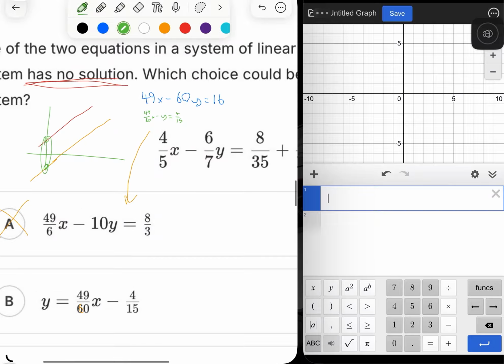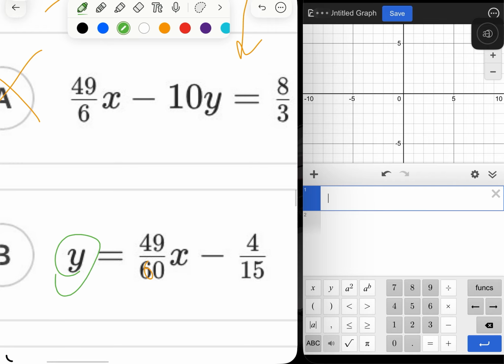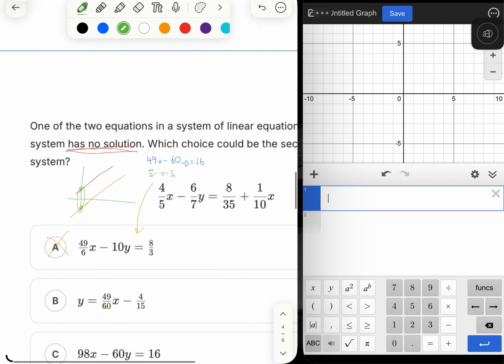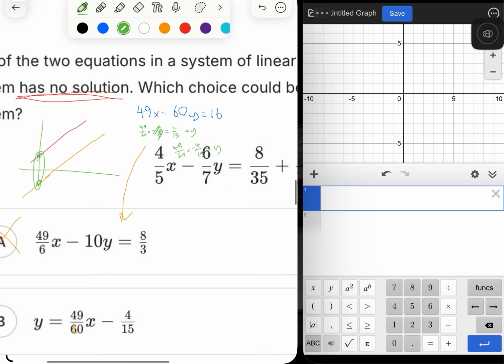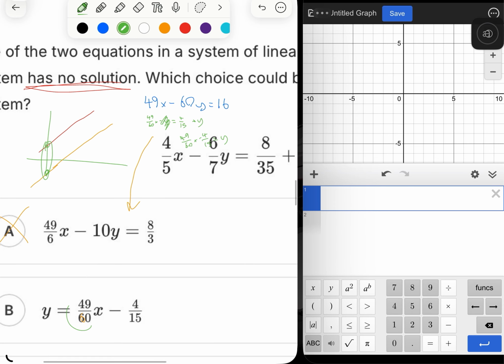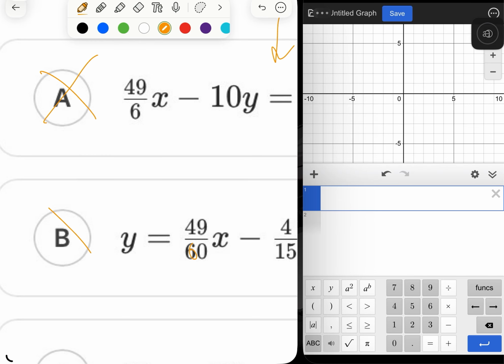And because this is y equals, let's make it like that. If you want to make it y equals, you add the y here, so that cancels out, and you subtract the 4 over 15. So you get 49 over 60x minus 4 over 15 equals y. You'll realize, again, that's the same exact equation. So it's not B either.